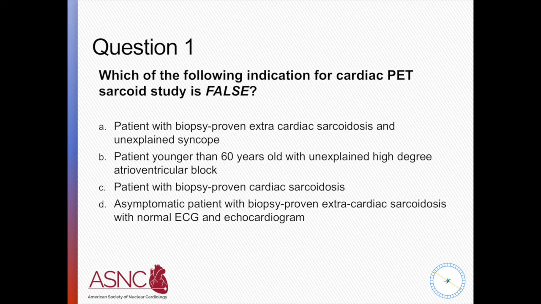So option A is the patient with biopsy-proven extracardiac sarcoid who comes with syncope. I think in this scenario, it's really concerning, the presence of syncope in this patient, which is one of the symptoms of cardiac involvement. And I think you need to screen for cardiac sarcoid.